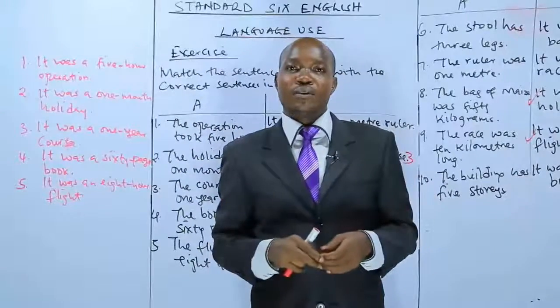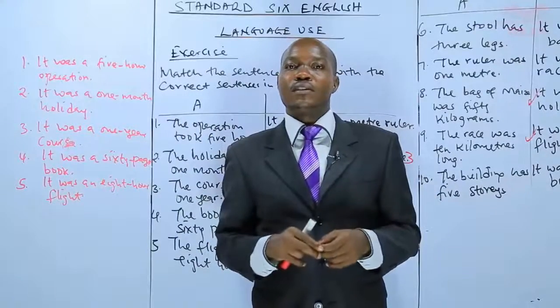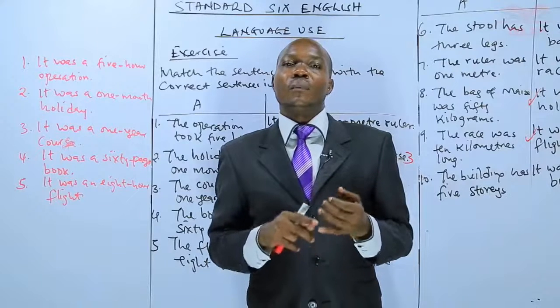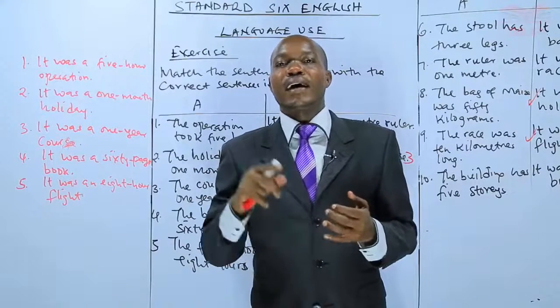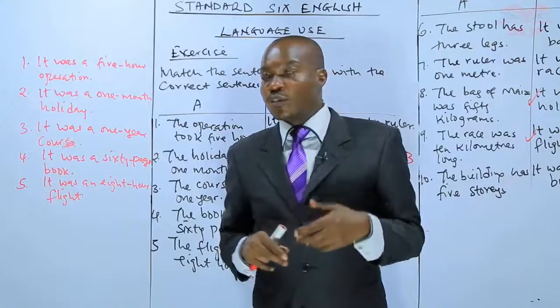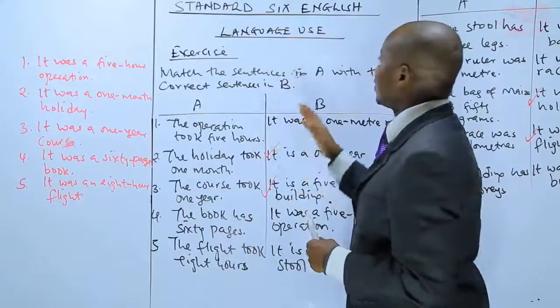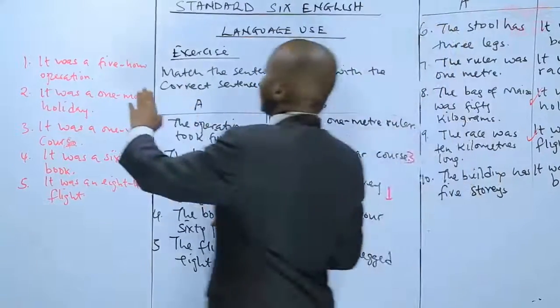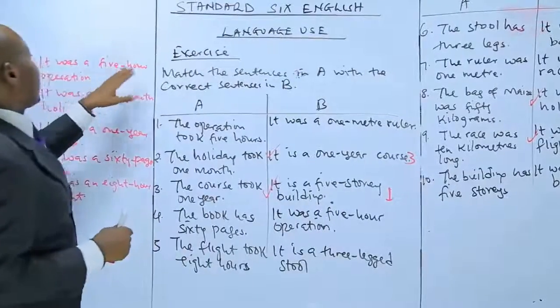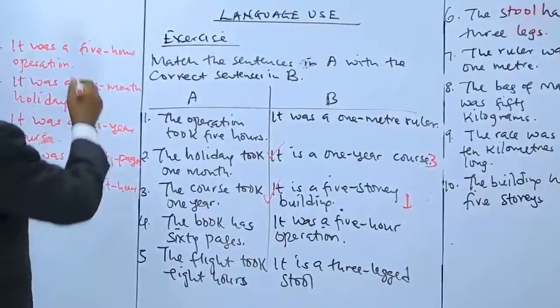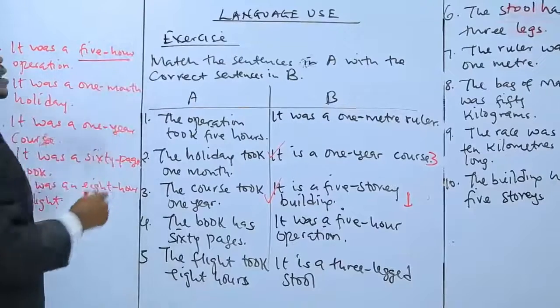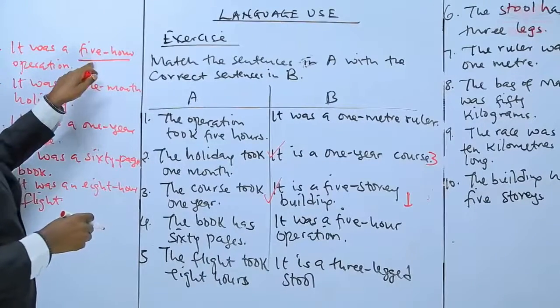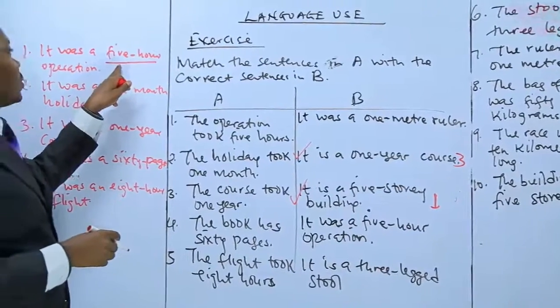In summary, today you have learned about adjectives that are formed by combining a number and a noun, all right? For example, you can look at this example here. It was a 5-hour operation. 5-hour, 5 is a number, what we call a numerical.